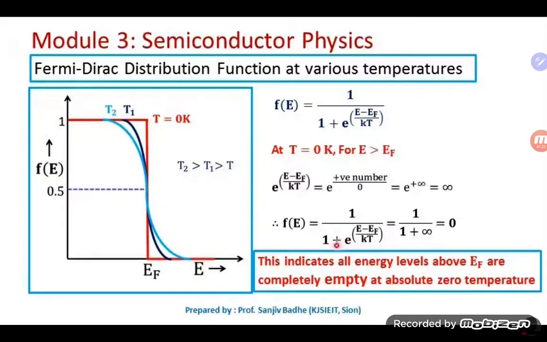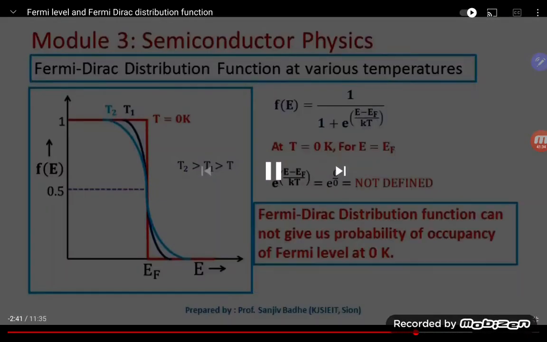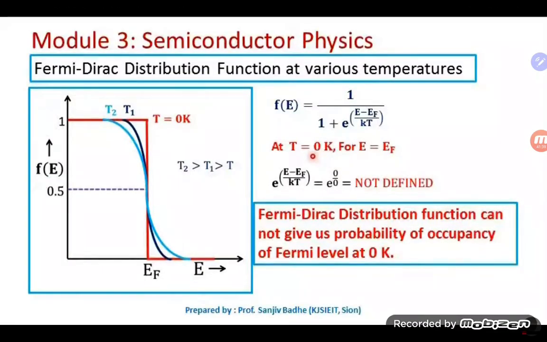So, this is also in accordance with the definition. Now, let us try to calculate the probability of occupancy at T equal to 0 Kelvin for E equal to EF by using this Fermi-Dirac distribution function. At T equal to 0 Kelvin, E equal to EF, e raised to (E minus EF) upon kT becomes e raised to 0 upon 0, since E minus EF will be 0.